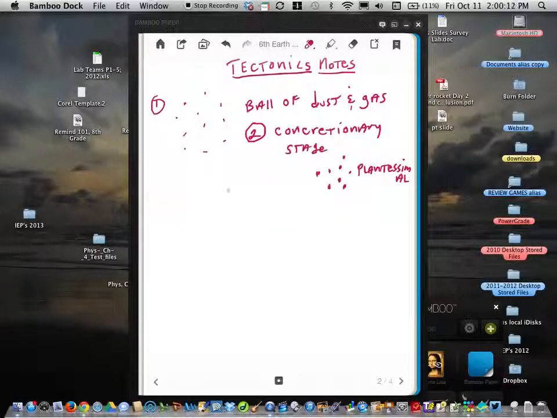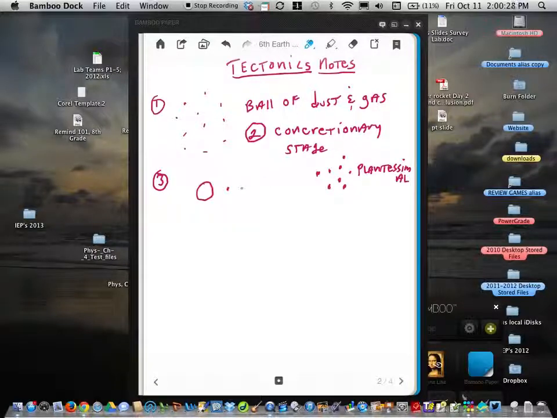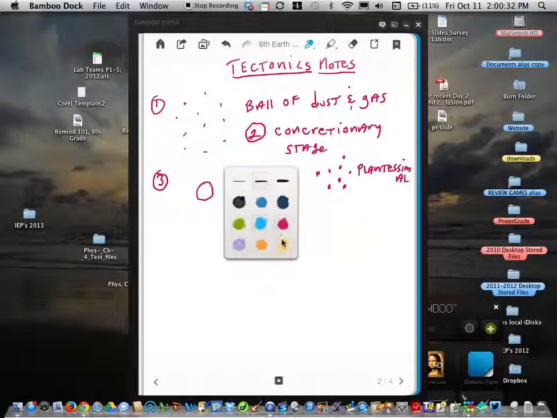And so as time moved forward, our modern solar system formed. And our modern solar system, of course, has different planets at different points in orbit around a central sun.